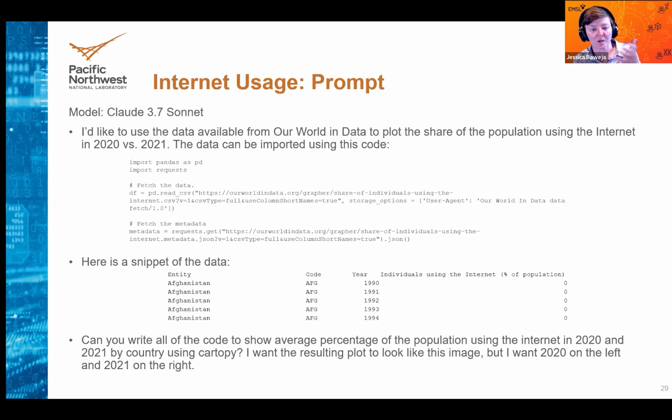The last piece here is my restrictions around output. So I said, can you write all of the code to show the average percentage of the population using the internet in 2020 and 2021 by country using CartoPy? I want the resulting plot to look like this image, and I'll actually paste in an example image, but I want 2021 on the right and 2020 on the left.